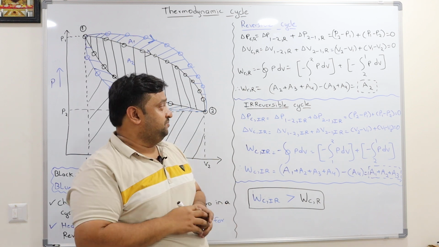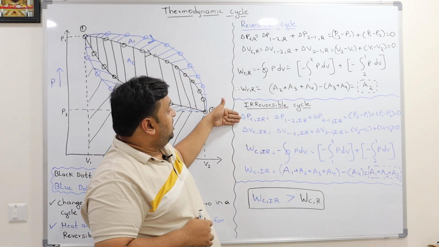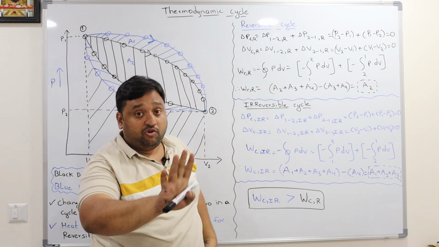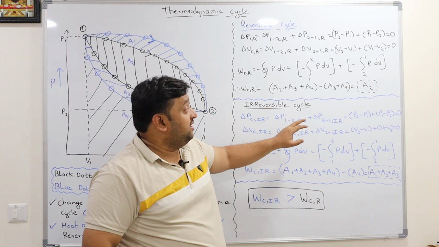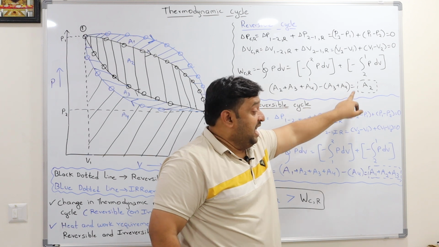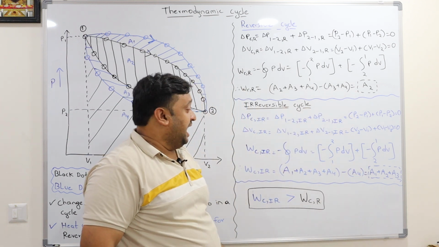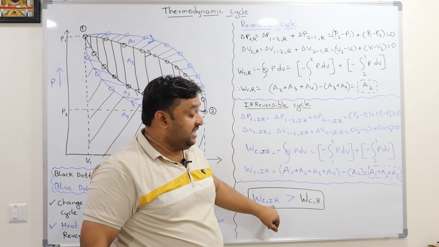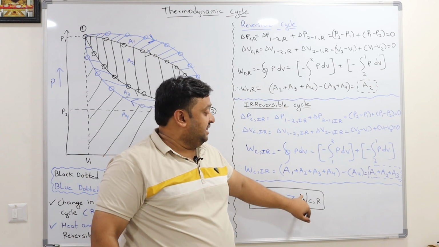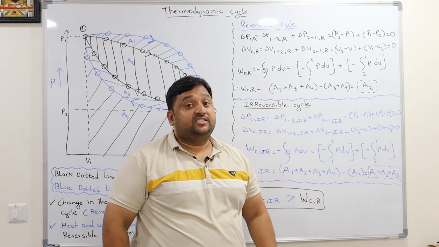Now you can see the change in property values is 0, but the work requirement is different for the reversible one and the irreversible one. For this case, we have found that the work in a cycle for the irreversible one is greater than the work in a cycle for the reversible one.